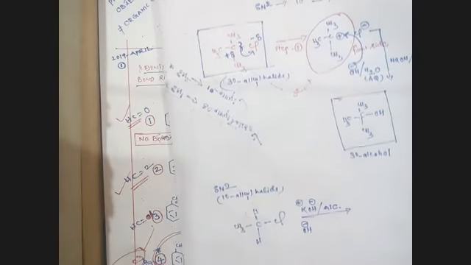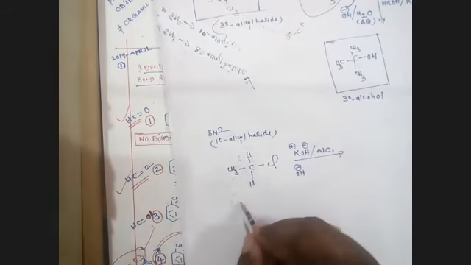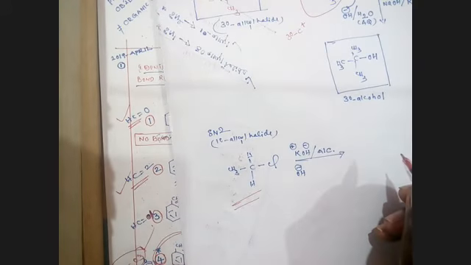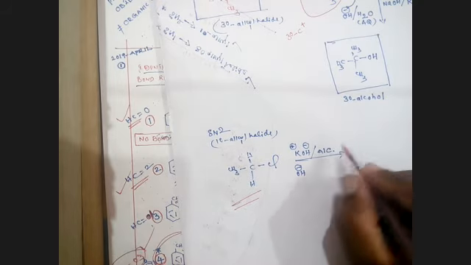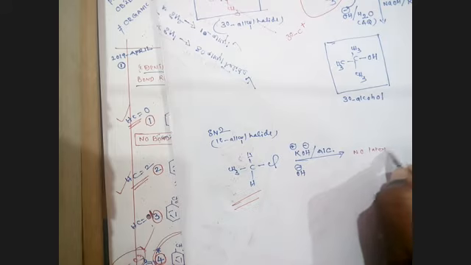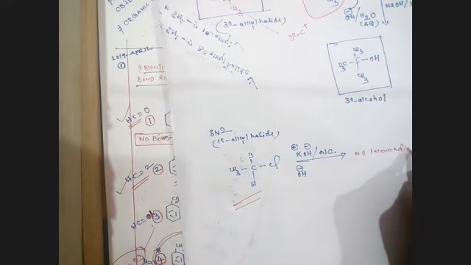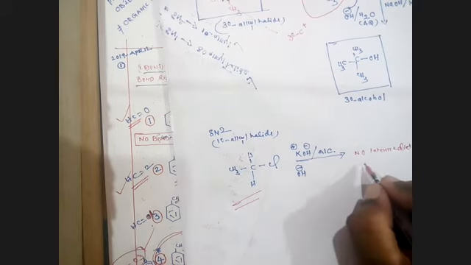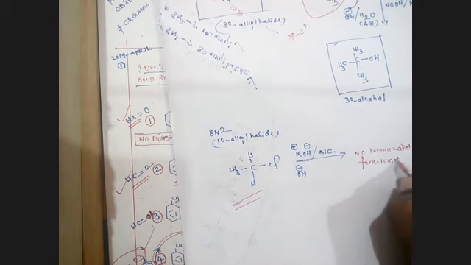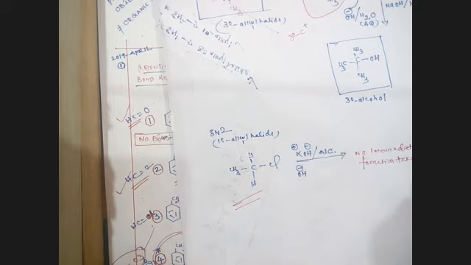But here this is a primary alkyl halide, and a primary alkyl halide gives rise to a primary carbocation, which is unstable. So in SN2 reaction, no intermediate formation takes place. This is a very, very important point.